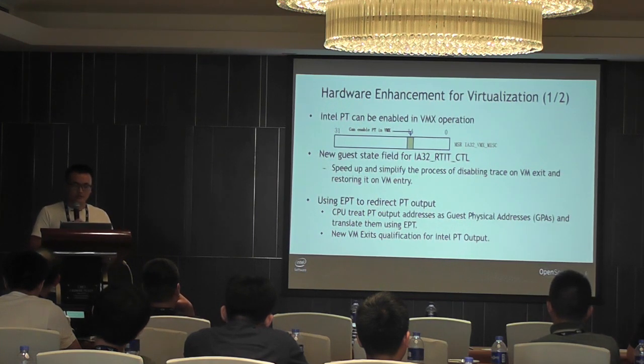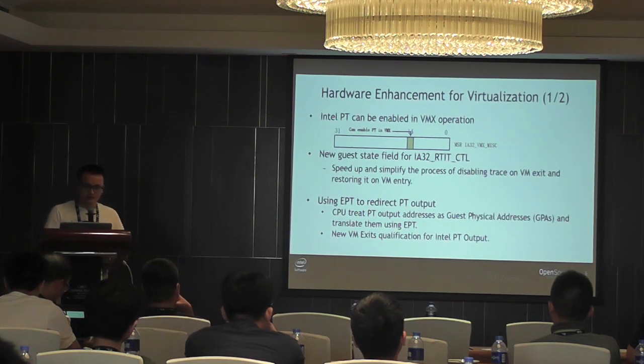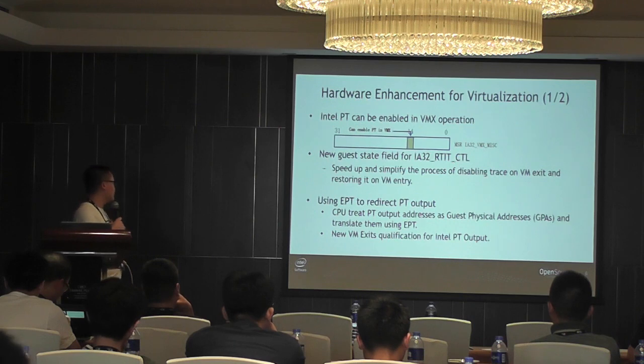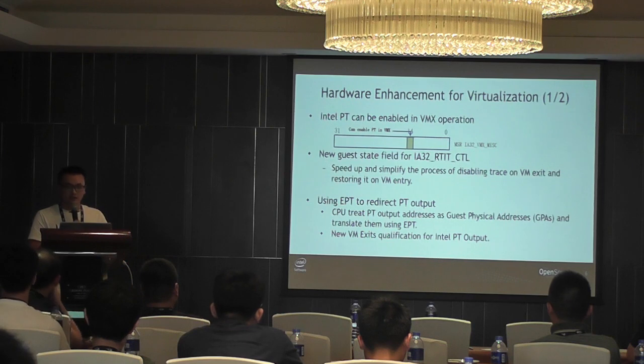And in virtualization, this is a GPA, and we need to use EPT to translate this address. That is, the CPU will treat the PT output address as a GPA and translate it using EPT. And we also add a new VM exit qualification for Intel PT output.